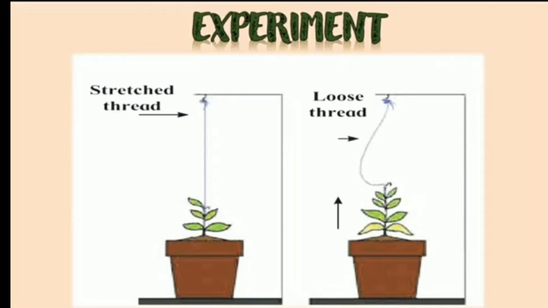So here we can observe, children, as the plant is growing, the thread which we have tied starts to get loose, right? The thread loosens. So here we can observe that the plant is growing. So basically its height is growing, its width is growing, right?